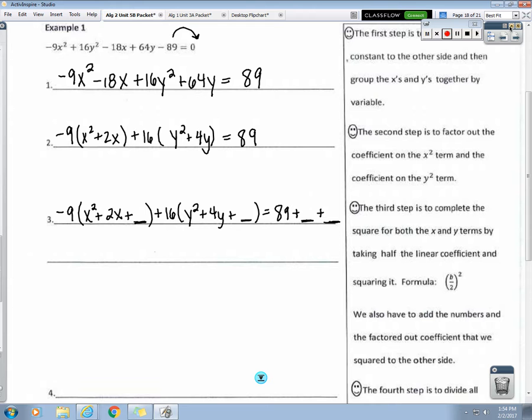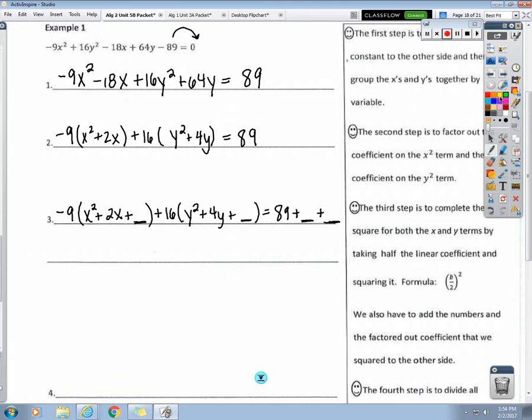Now remember, the little formula for filling in the blanks is b divided by 2, squared. So for your x trinomial, what is the b value over there? A 2. So when you divide that by 2, you get a 1. And when you square a 1, you get a 1. But then remember, you have to multiply it by that negative 9.